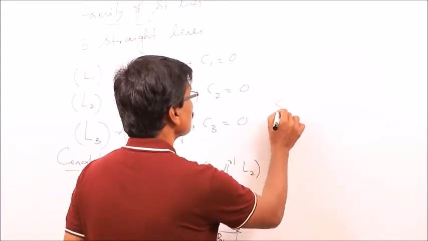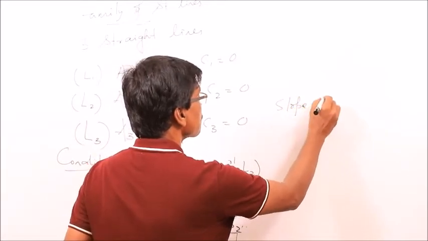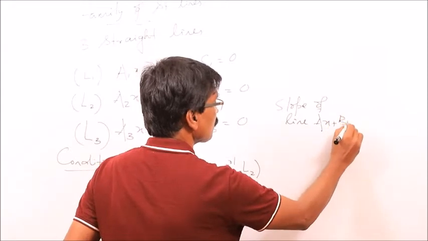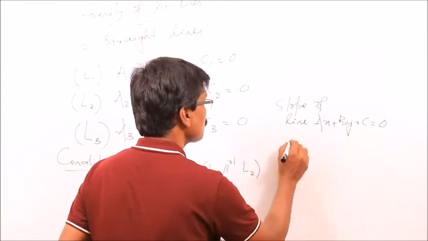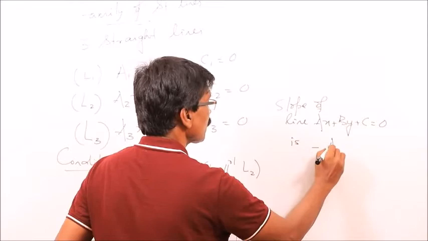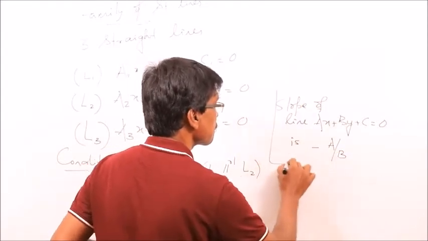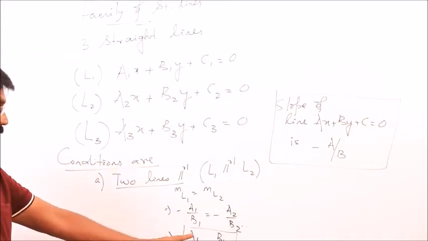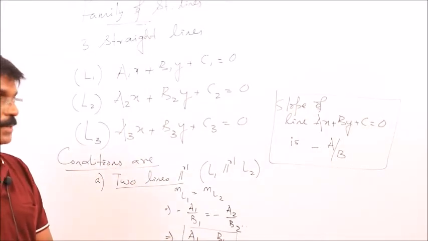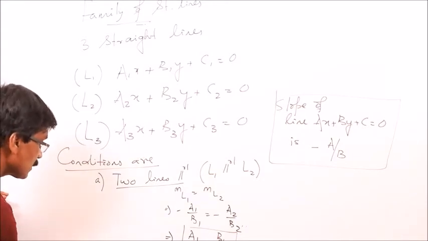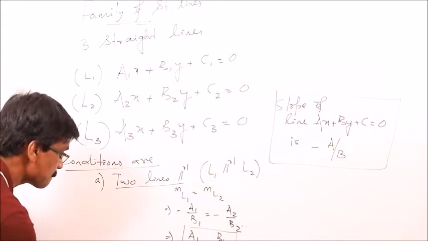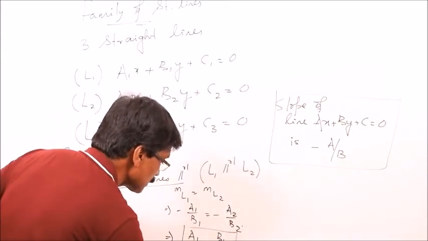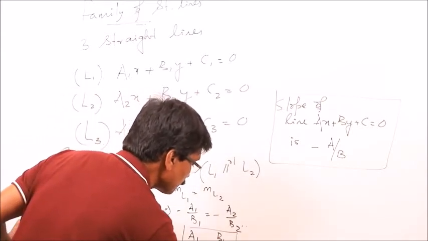So that means slope of a line ax plus by plus c is equal to 0 is minus a by b. So slope of a line is minus a by b. So that means x coefficient and y coefficients are proportional. Second condition is two lines perpendicular, that is L1 perpendicular to L2.